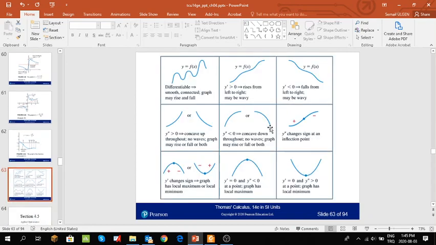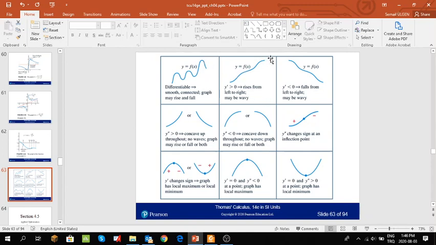Let's see. What is this table? Let's understand this summary. If this function seems differentiable because there's no corner, then we call this curve a smooth curve. It's a connected curve. This curve is going up and down, so it may rise and fall.